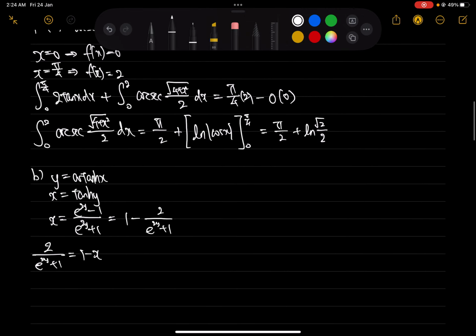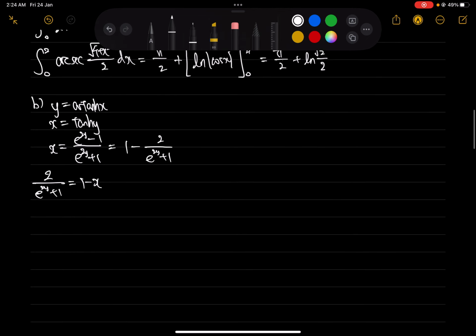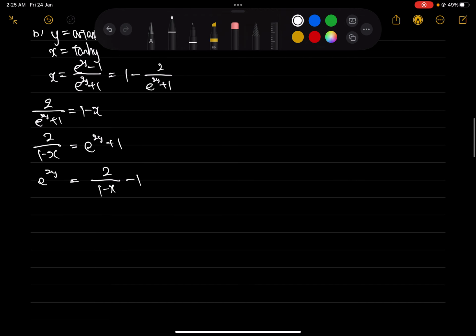So we want y equals something. So 2 over 1 minus x is e to the 2y plus 1. e to the 2y is 2 over 1 minus x minus 1.